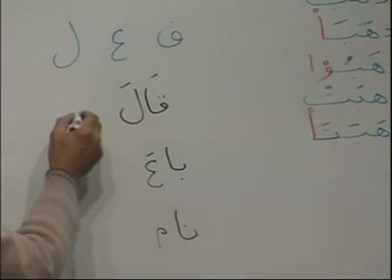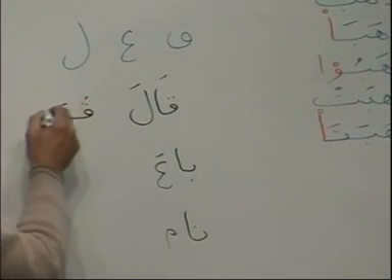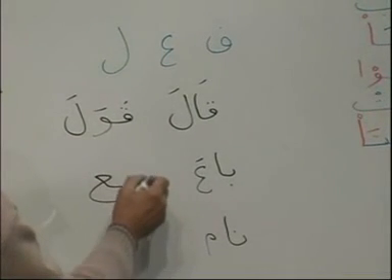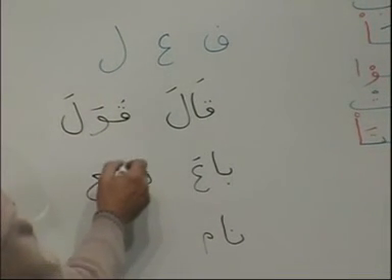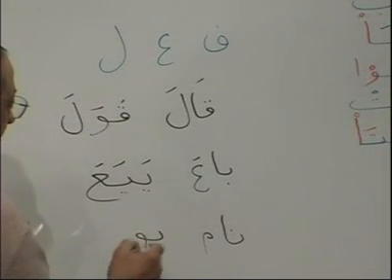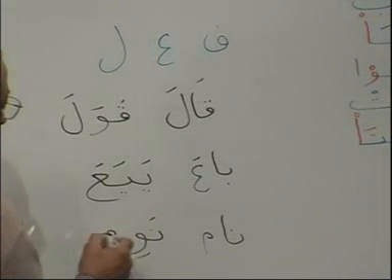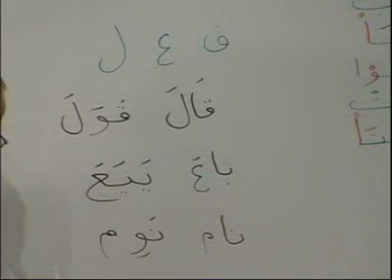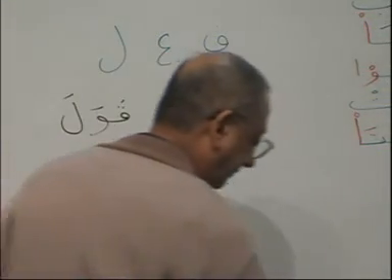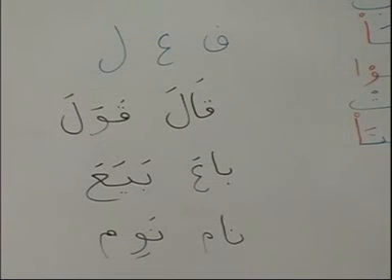Kala is ka, wa, la. Ba'a is ba, ya, a. And nama is na, va, ma. Are you with me, brothers and sisters?